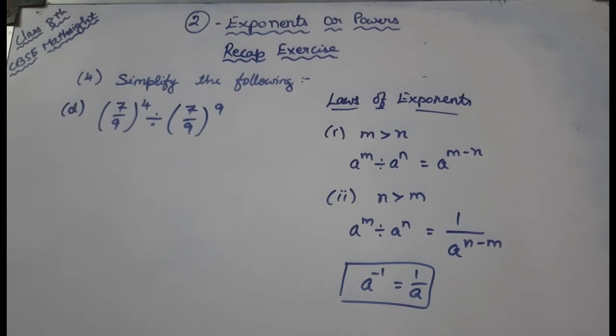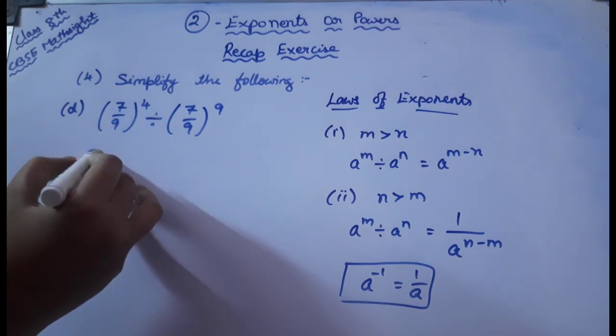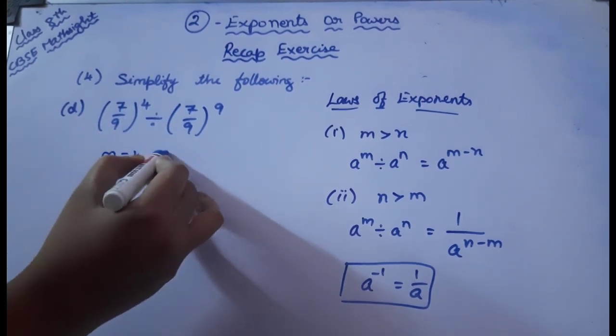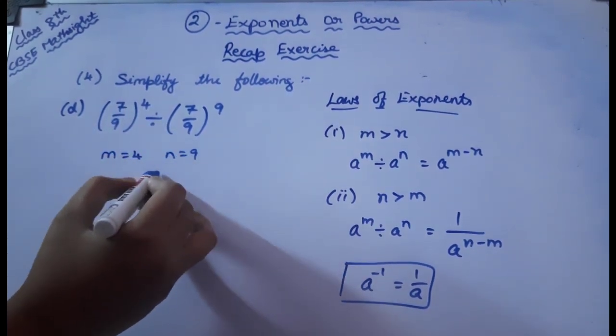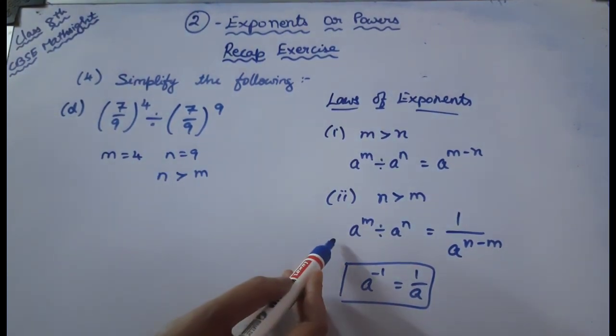So the last sum in fourth Roman letter, 7 by 9 to the power of 4 divided by 7 by 9 to the power of 9. So here we can see the first value m, which is 4, and n, which is 9. So n is greater than m. So we have to use the second rule over here.